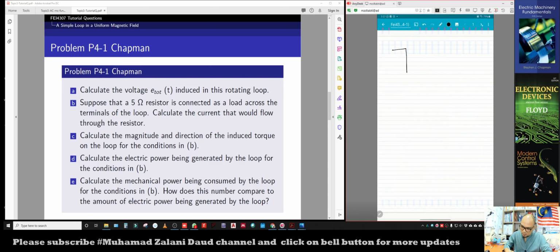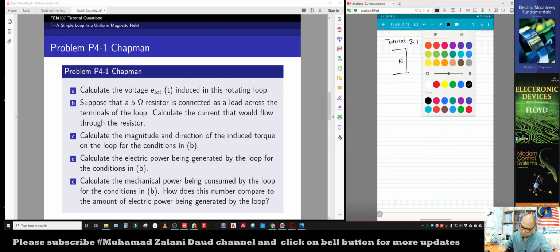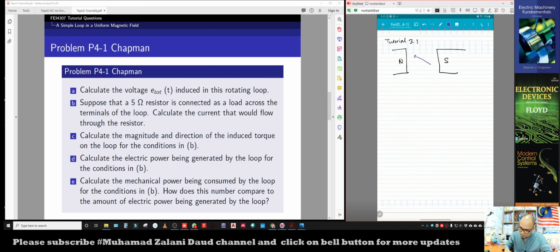So this is tutorial 3.1. We have the north permanent magnet and then the south permanent magnet. Then we have this wire loop with the AB and CD segments.